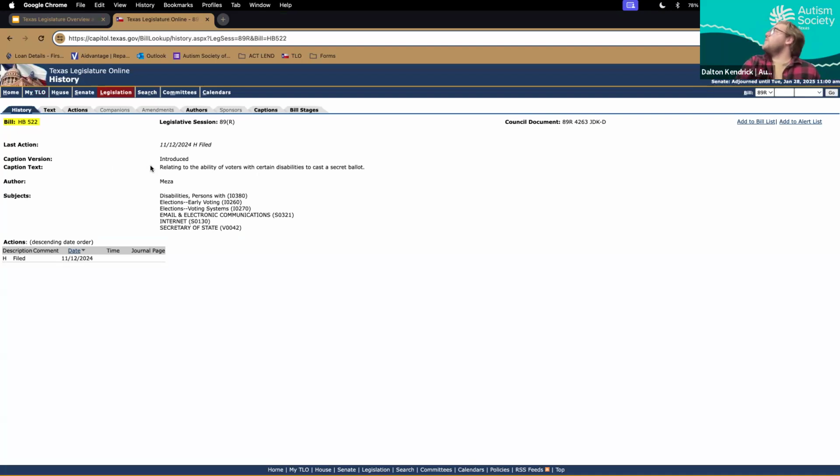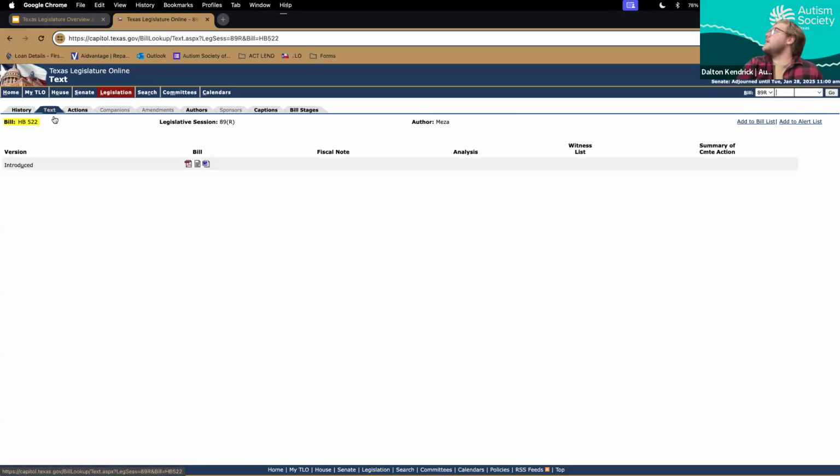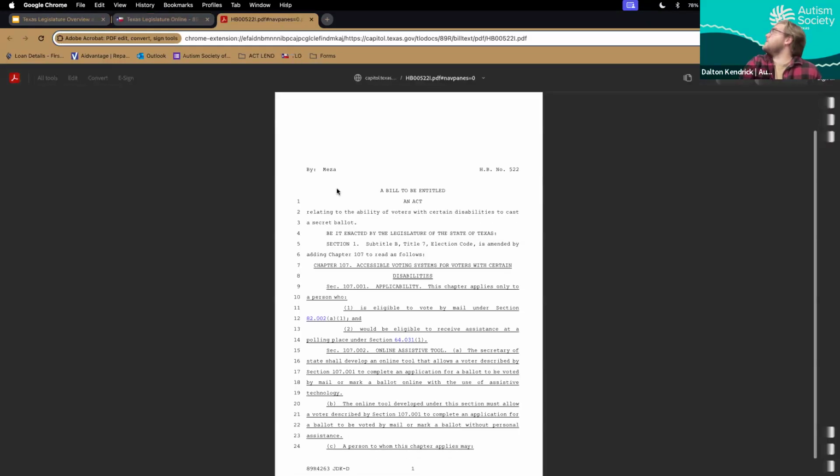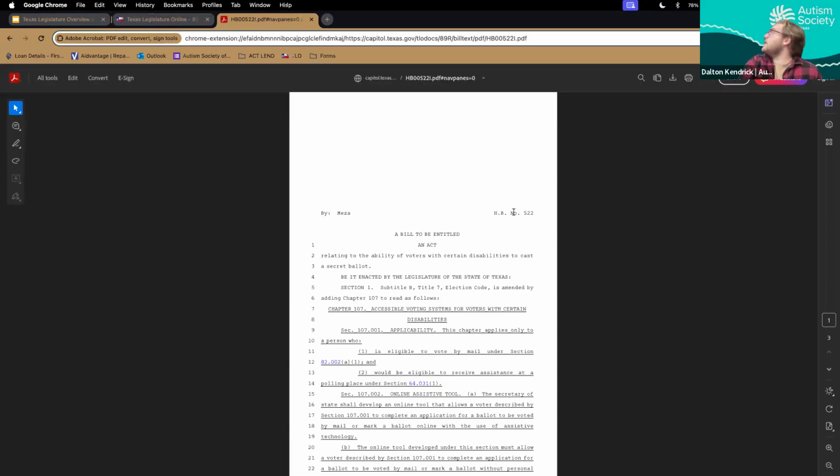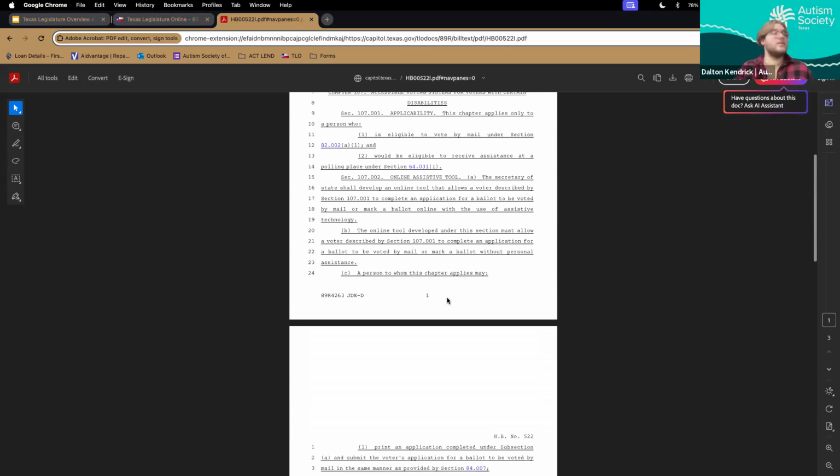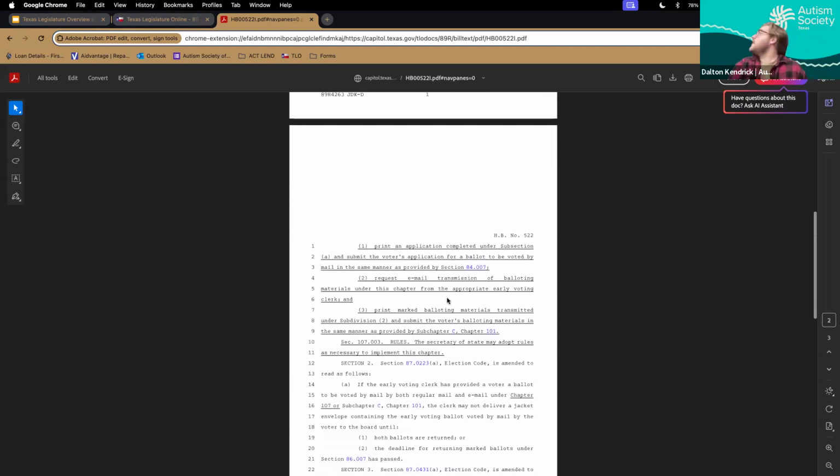There will always be this general little blurb about them. If you ever want to know what it is, if you go into text, like I showed you on the finance one, that one just looks a little bit different, but typically this is what they will look like. It'll show you who filed them, what the bill number is, and then it'll be a long list of a bunch of different things.